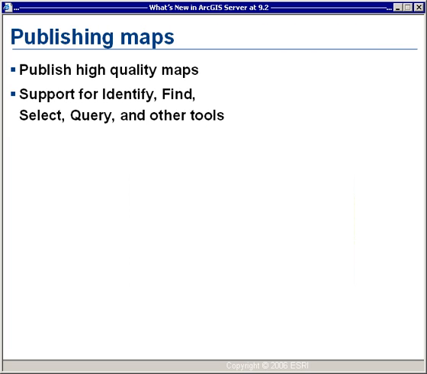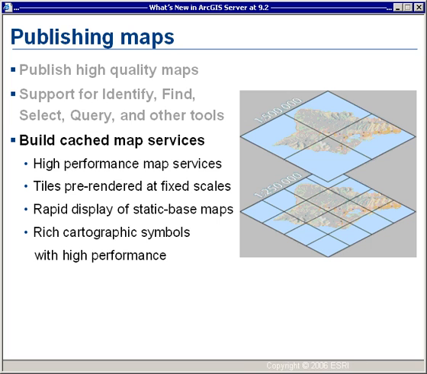When we're publishing our maps, those that contain rich cartography, scale-dependent rendering, and labeling can be published with ArcGIS Server. Maps support several map functions, including identify, find, select, and query. These map services can be cached on the server, creating a series of pre-rendered tiles at various scale levels that you have control of when you're creating your cache.